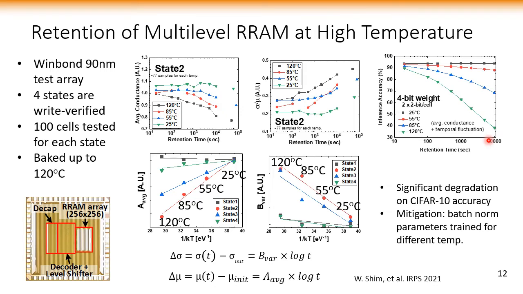Therefore, this is indeed a concern for applications at higher temperature. But we have some solutions to mitigate this problem: use batch normalization parameters retrained for different temperatures to recover the accuracy loss. So there are some promises offered by the algorithm techniques.